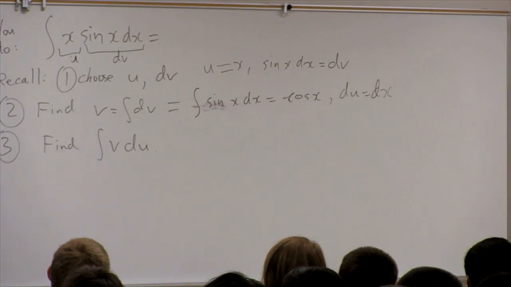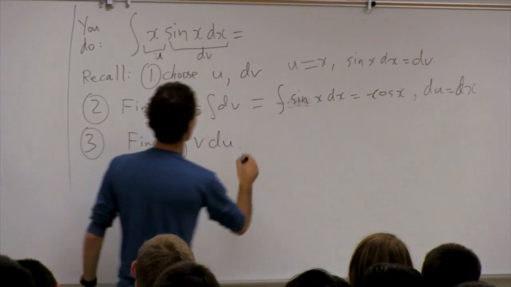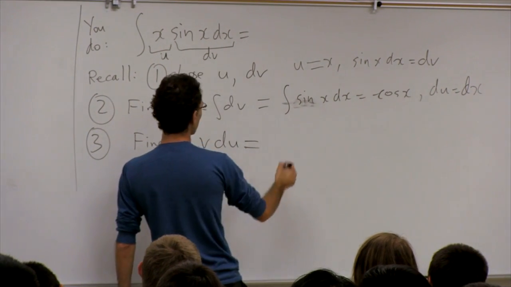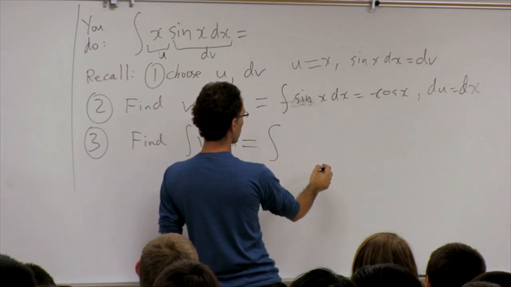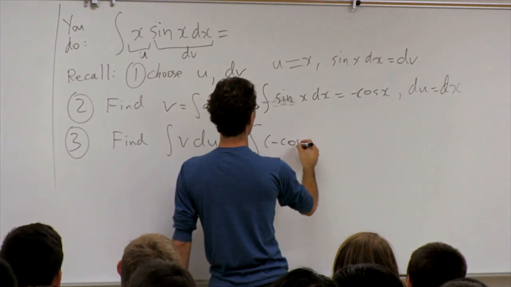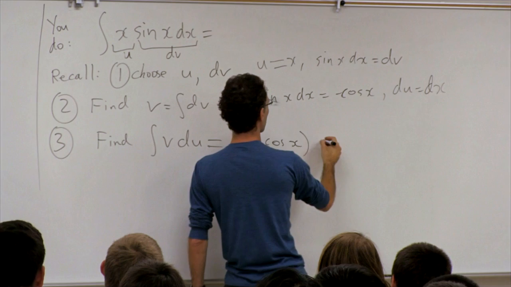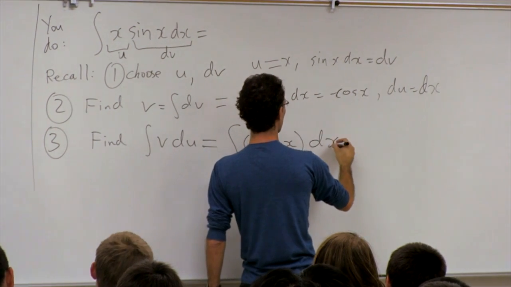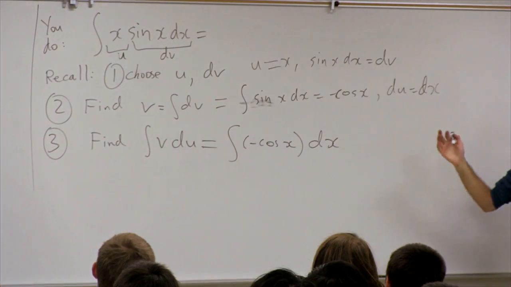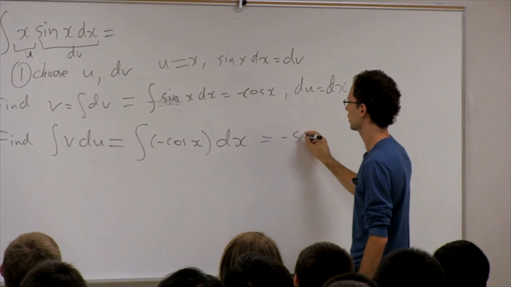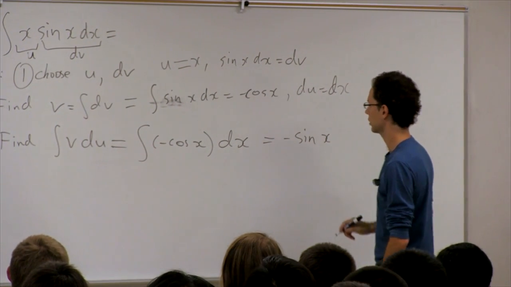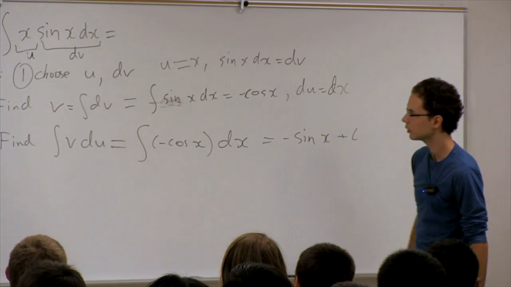OK. And then the last thing was this integral here, which is the integral of v, being minus cosine x, and du being dx. And this is the integral we can do. Right? This integration of minus cosine x is minus sine of x plus a constant.